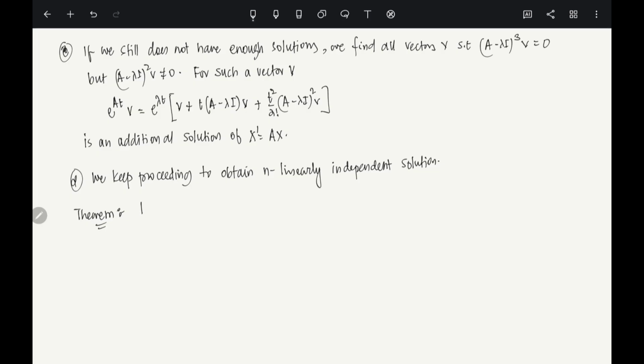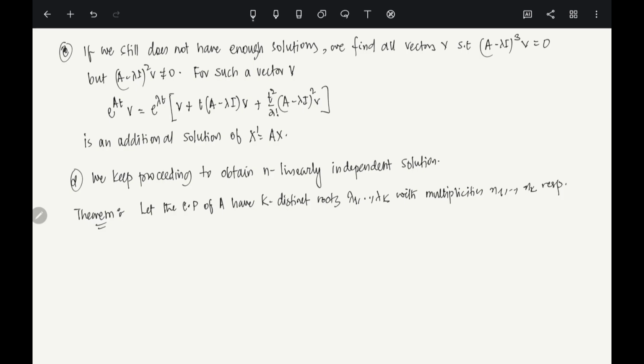Let the characteristic polynomial of A have k distinct roots, λ1 to λk, with multiplicities n1 to nk respectively.